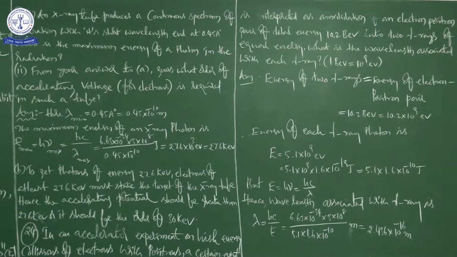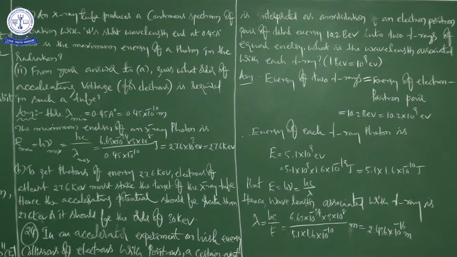Lambda minimum is equal to 0.45 angstrom unit, we are just converting angstrom unit into meters, that is 0.45 into 10 to the power of minus 10 meters, okay?